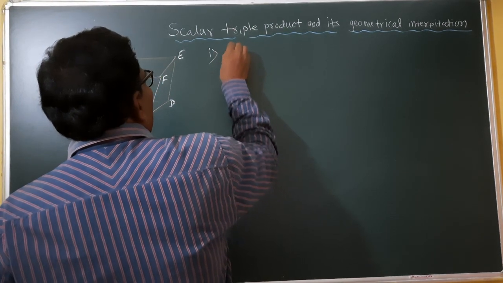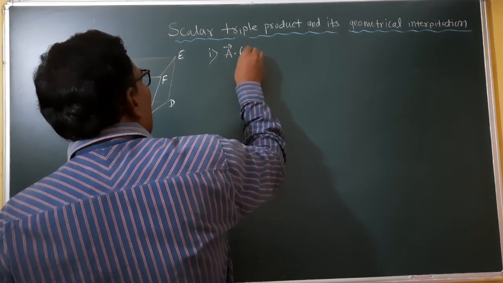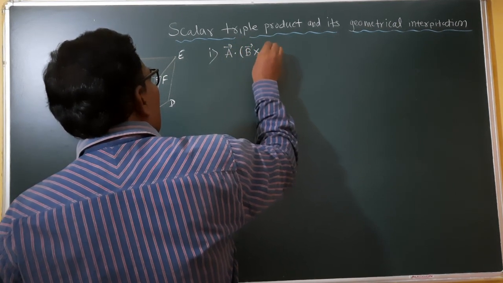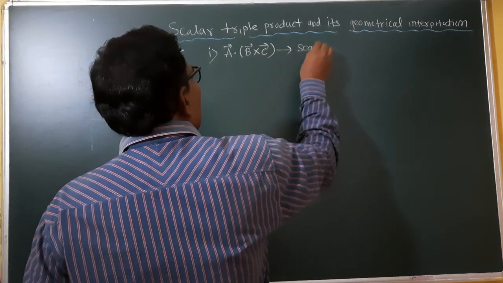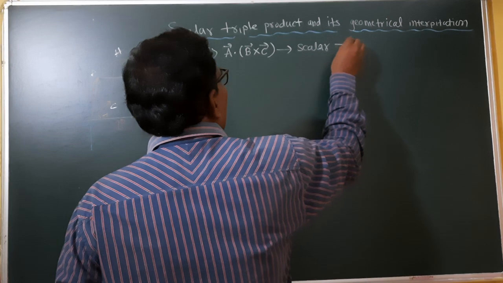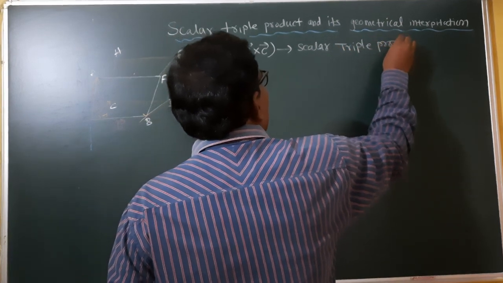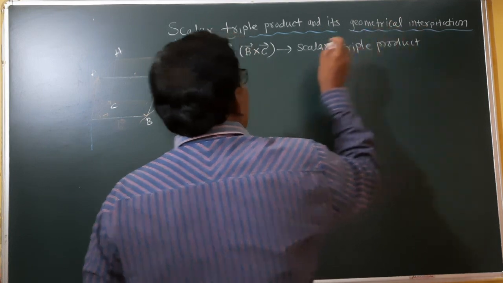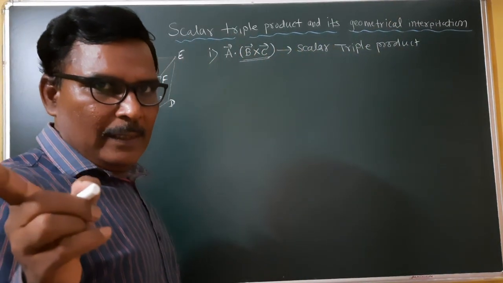That is, A bar dot B bar cross C bar is called the scalar triple product. A bar cross B bar is a vector.